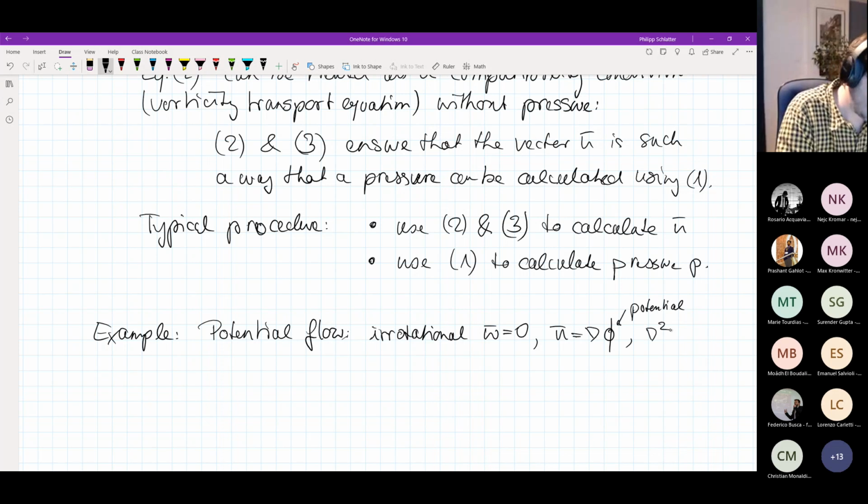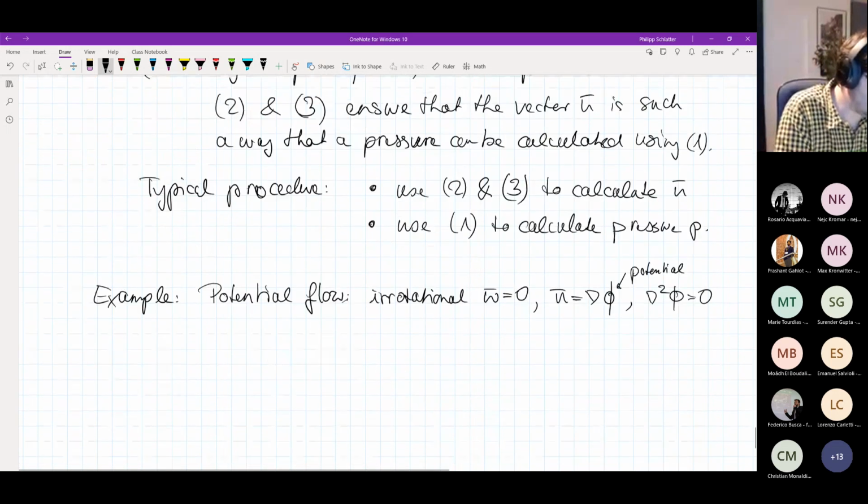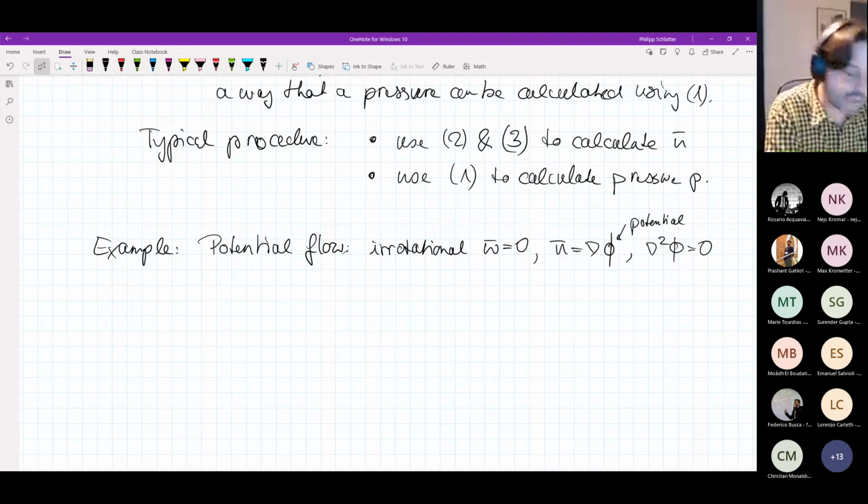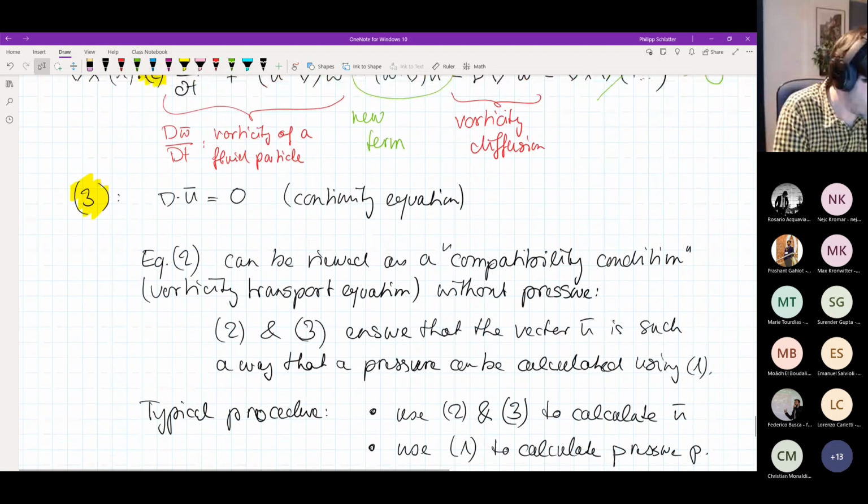And we also know that the second derivative of this potential would then be 0. Okay, now what would that mean? So how can we use this to illustrate that the vorticity transport equation can be viewed as a compatibility condition?